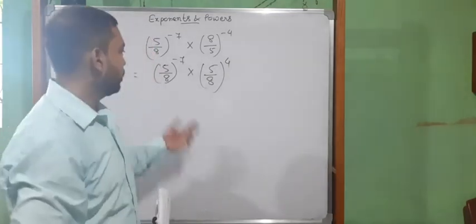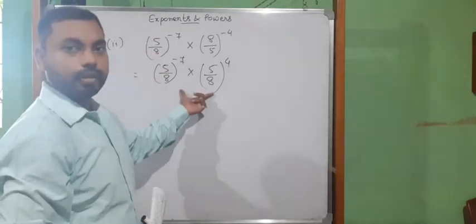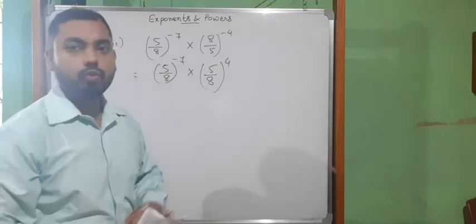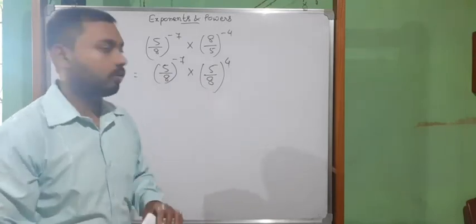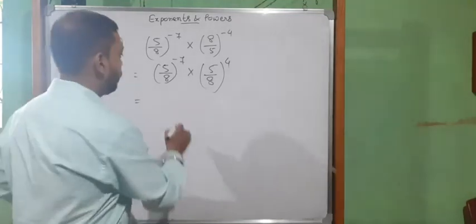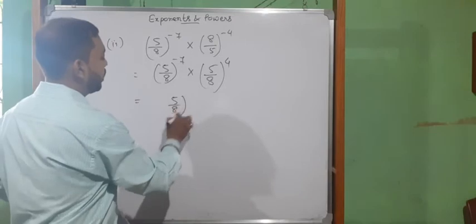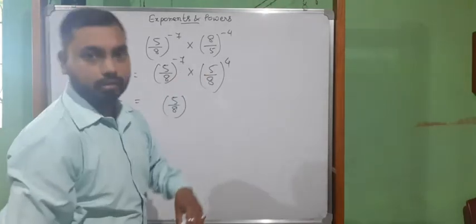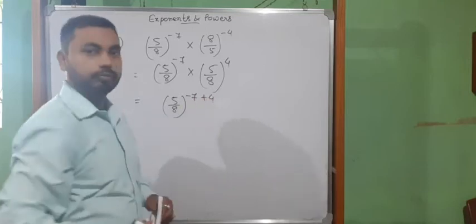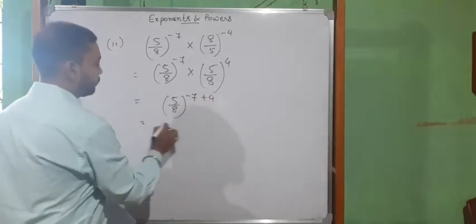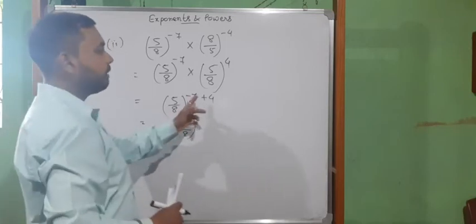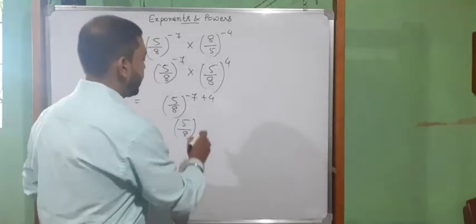Now you see the bases are same, in between them multiplication sign is there, so definitely we can use the law of exponent. Okay, now what will be the answer? It will be 5 by 8, and we can add these exponents, so it is minus 7 plus 4. Okay, so it will become 5 by 8 to the power minus 7 plus 4, so it is minus 3.